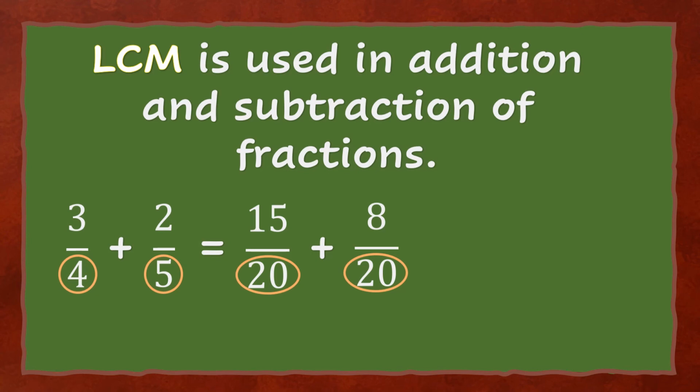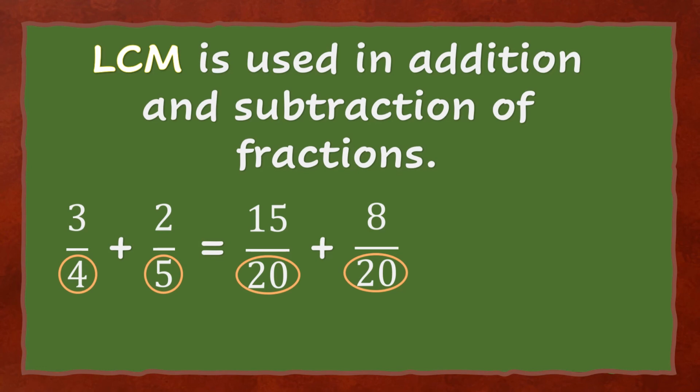Now, take note of the rule in addition of similar fractions. Similar fractions have the same denominators or the numbers at the bottom part are just the same. So 20 is now called not the LCM. It is now called least common denominator because it is the new denominator.